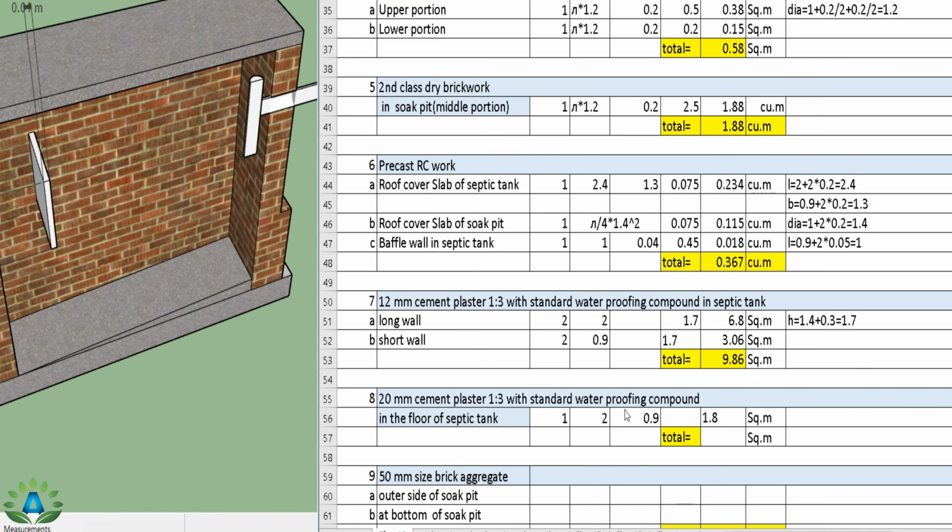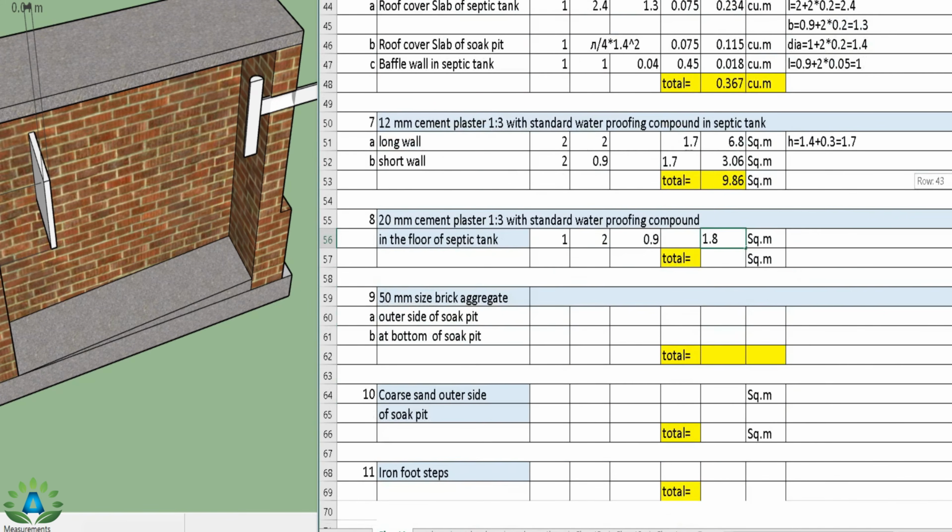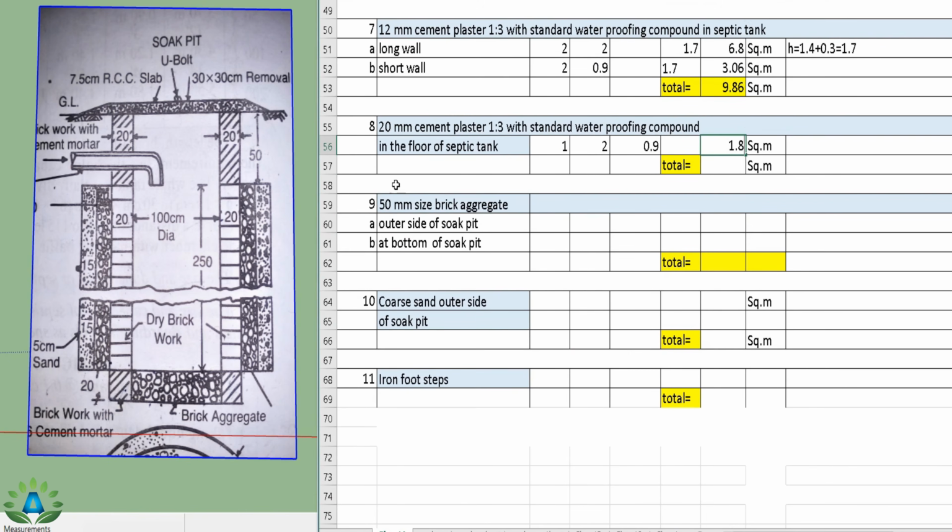Now our next step is to calculate this 50 mm size brick aggregate in the soak pit. So we are going to do this portion as the outer side of the soak pit, and this portion as the bottom of the soak pit. So we have this outer portion of the soak pit 1 in number, and we have to find the CSA, that is pi into d into length.